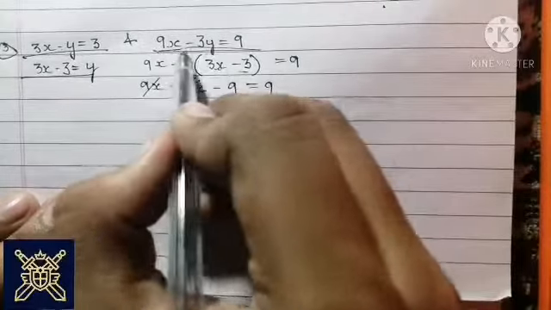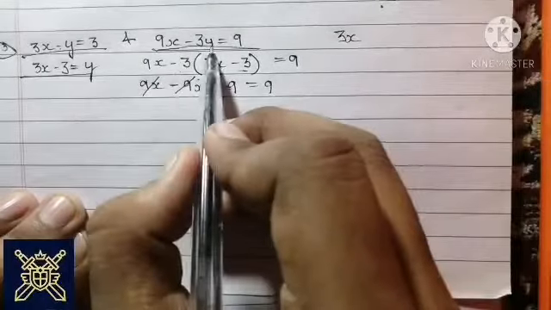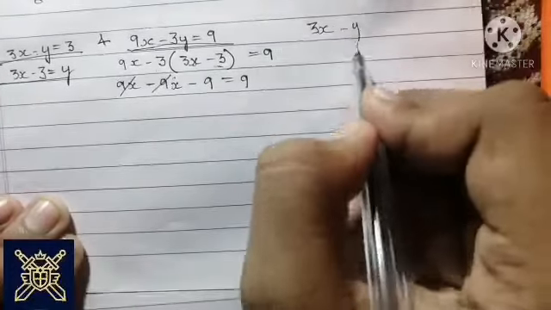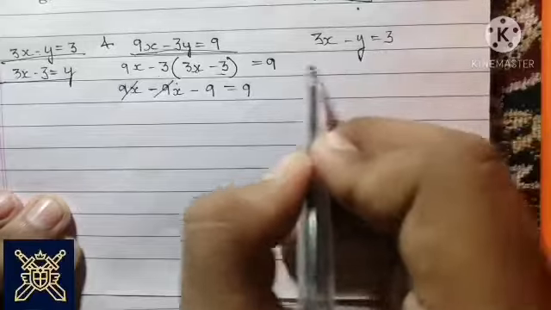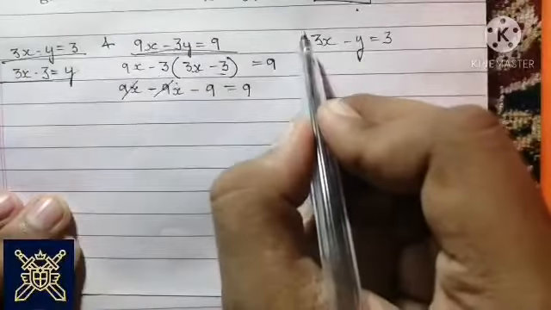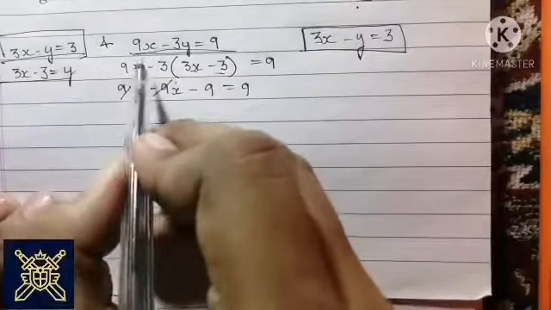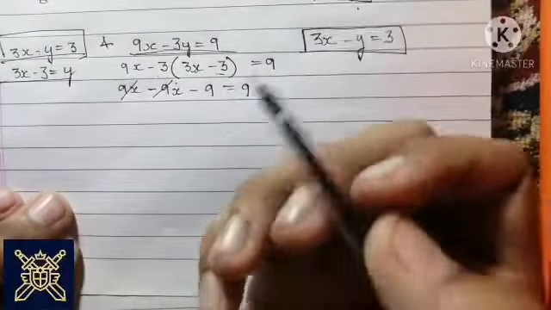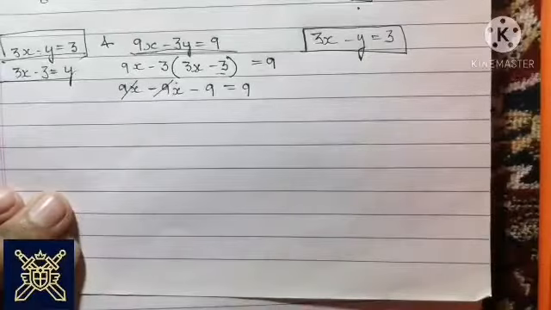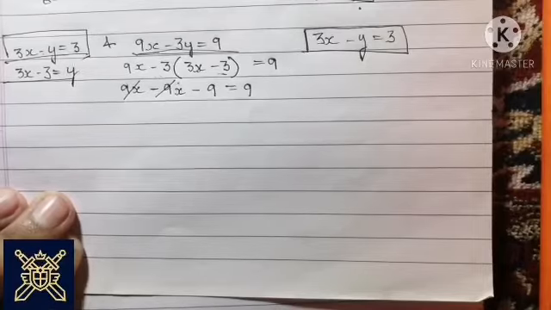So 9x by 3 is 3x, minus 3y by 3 is minus y, and 9 by 3 will give you 3. So eventually you have got that the second equation is also the first equation, just in the multiplied form. So these two equations are identical, therefore we cannot find the value of two variables from one equation.